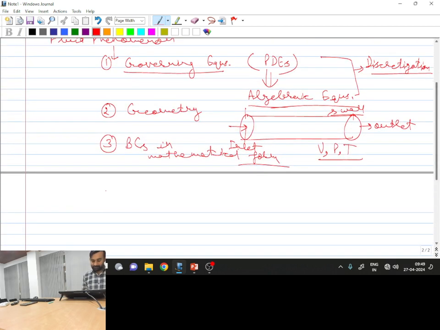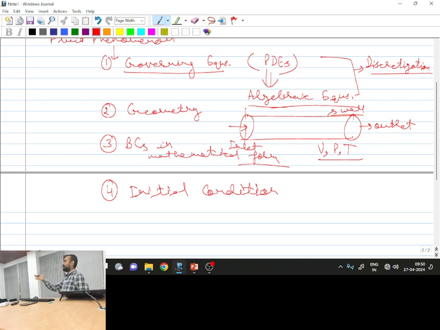After you have specified the boundary conditions, you also need to specify your initial condition. Say you are doing a transient simulation, meaning a time dependent simulation.